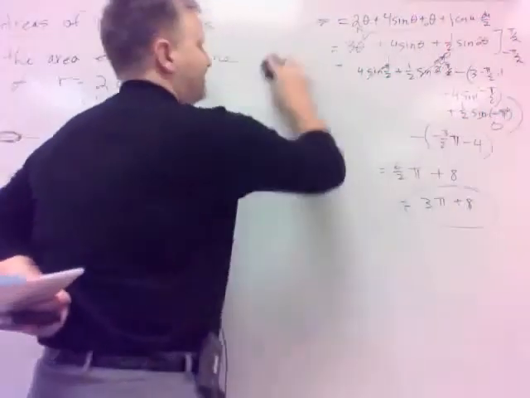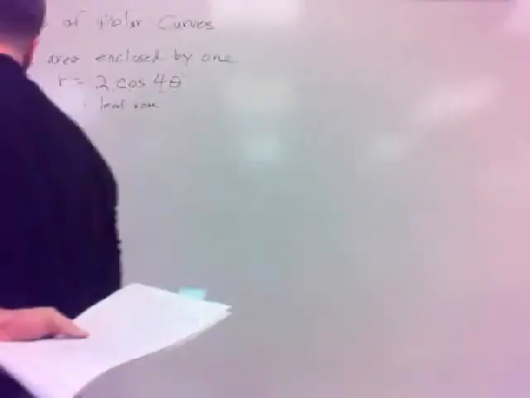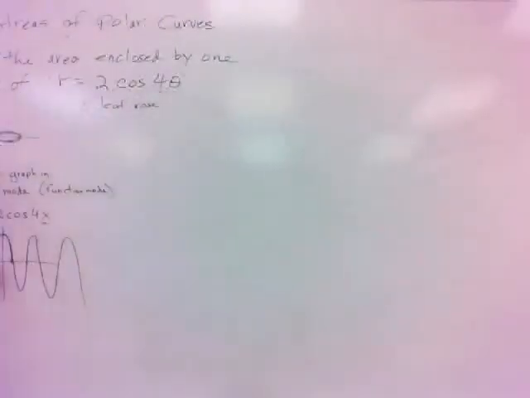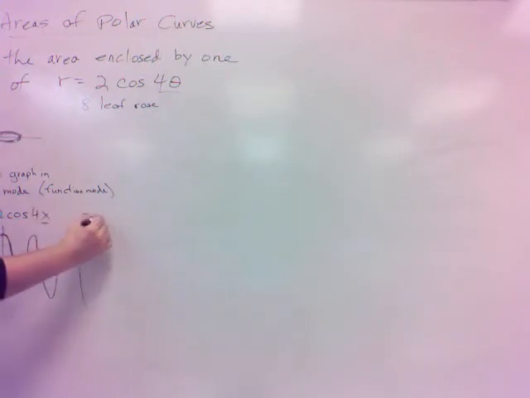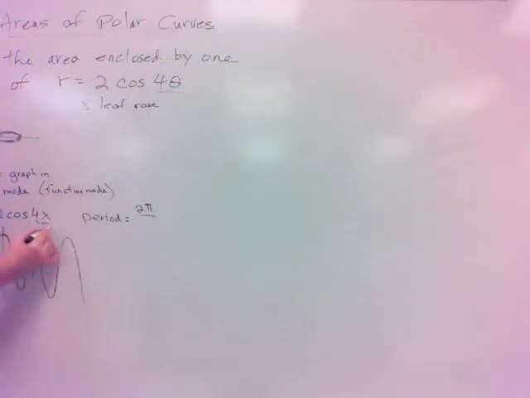Well, the best way to figure that out. What is this to this? Well, you remember the periods. What's the period of this thing? Isn't it 2 pi divided by whatever that number is? Remember that?